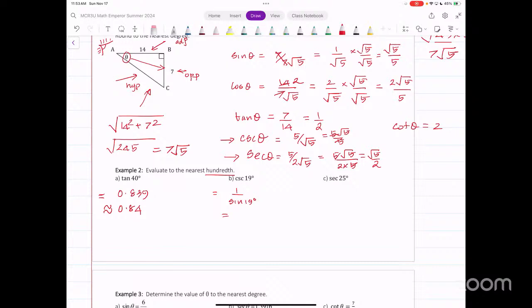Let's see. I have an answer, sir. What do you got? I got 3.07. That's right. How about you, sir? 3.07. Nearest 100, so nearest 100, 3.072. Makes sense?